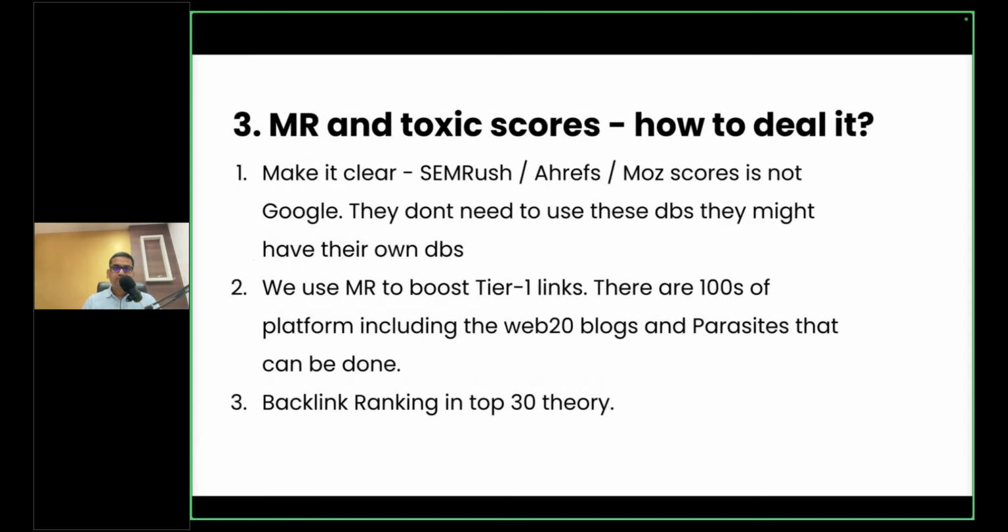Now let's discuss the third point: MR and toxic scores, how I deal with it. I understand a lot of users tell me that money robot backlinks have a toxicity score. That is a kind of score in SEMrush, Ahrefs and Moz.